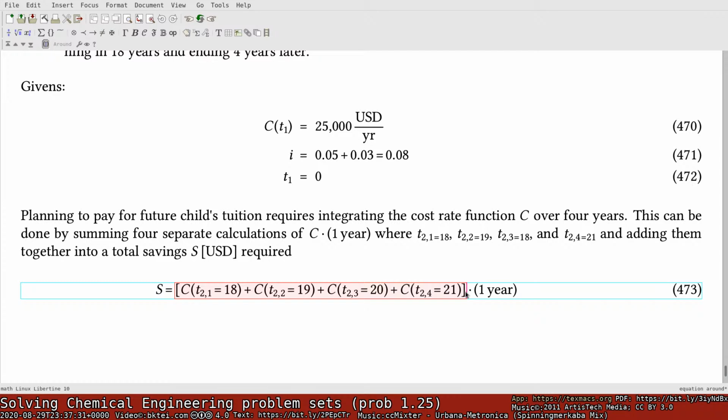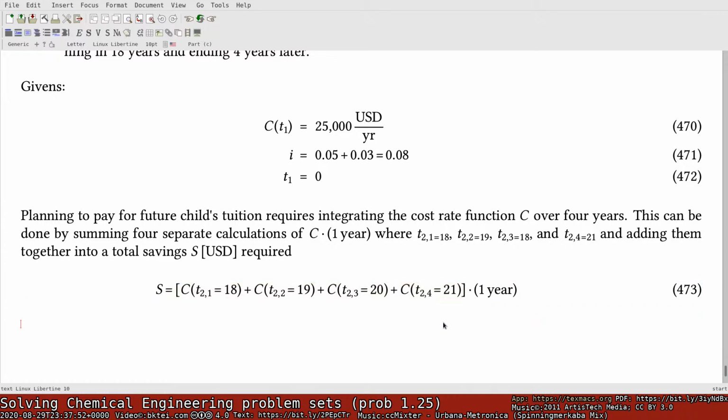Or say at the start of the child's tuition, just have everything paid. Have all of the savings S available at the first year, and maybe invest that money in such a way that you can pull out the required amount at the start of each year. I guess you could get fancy with that.